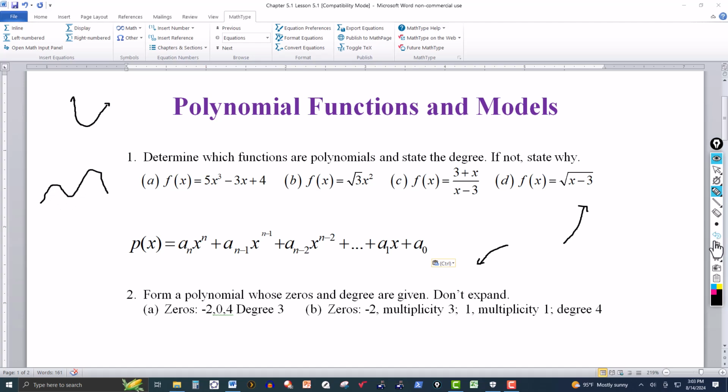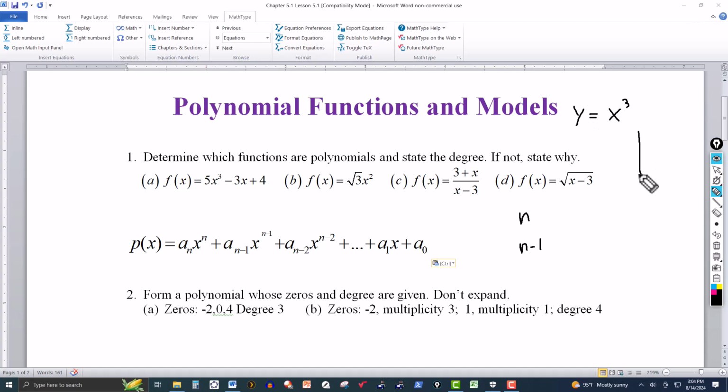So the other thing to know for graphs of polynomials, if a polynomial has degree n, then the graph will have at most n minus 1 turning points. So if you look at, say, the graph of f of x or y equal to x to the third.